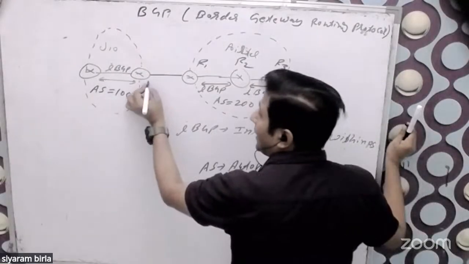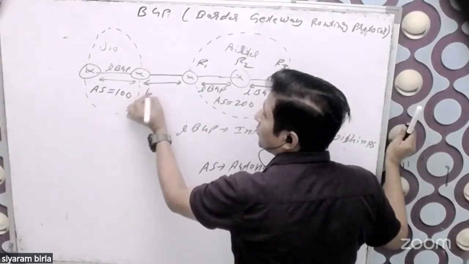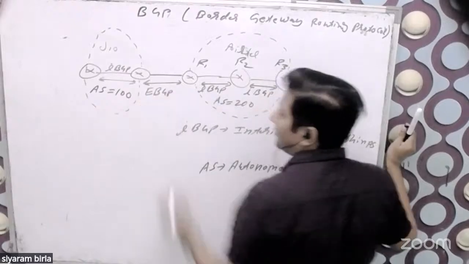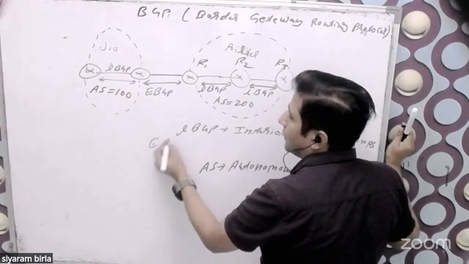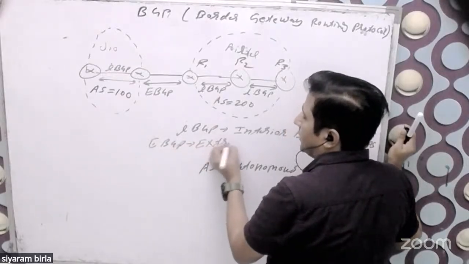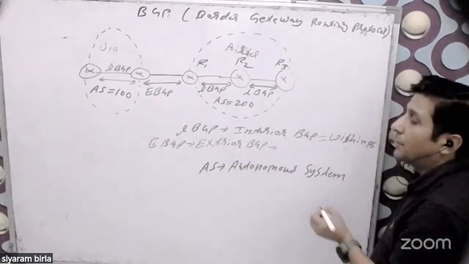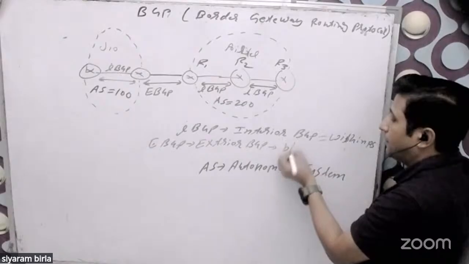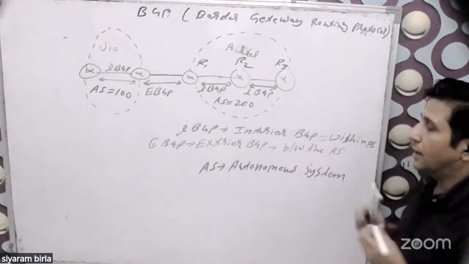If any BGP is running between ASes, that BGP is called eBGP. The full form of eBGP is exterior BGP. Exterior means between the ASes.